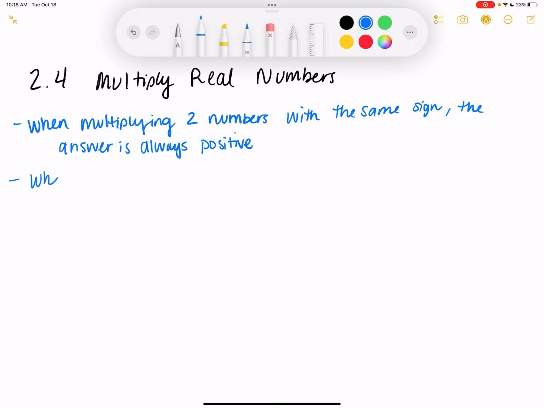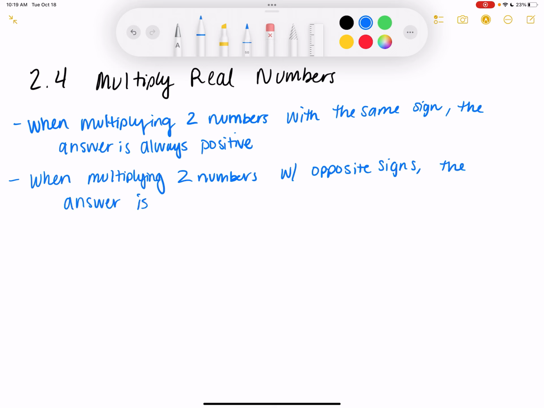And then when multiplying two numbers with opposite signs, the answer is always negative.